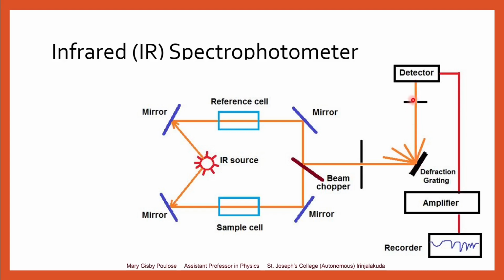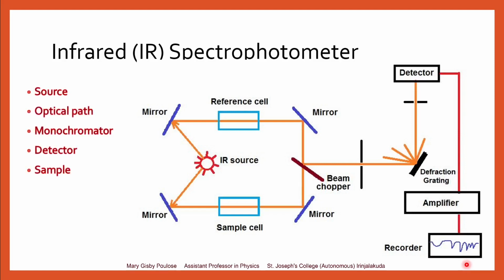And each wavelength can be detected by the detector. The detector then amplifies this obtained signal. The detector will be converting this light signal to an electrical signal, and this electrical signal is amplified. And the amplified electrical signal is recorded into the computer or into a recorder.